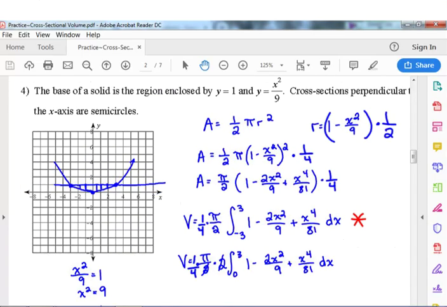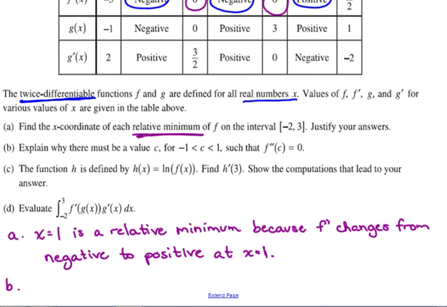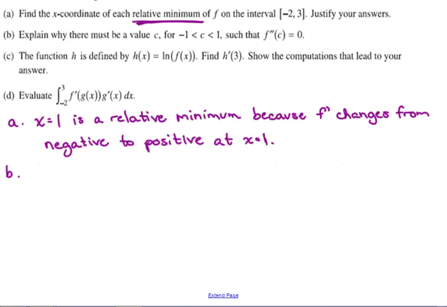So let's set that up in this problem. That would be saying f double prime of c is equal to f prime of b minus f prime of a over b minus a.